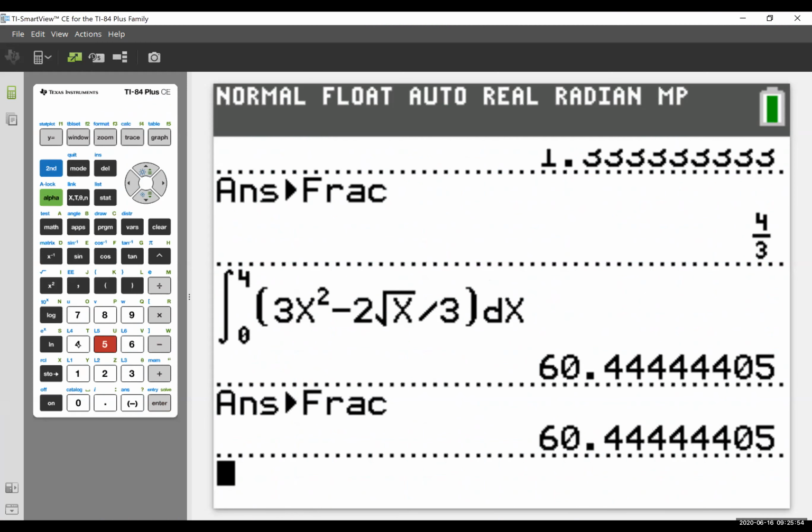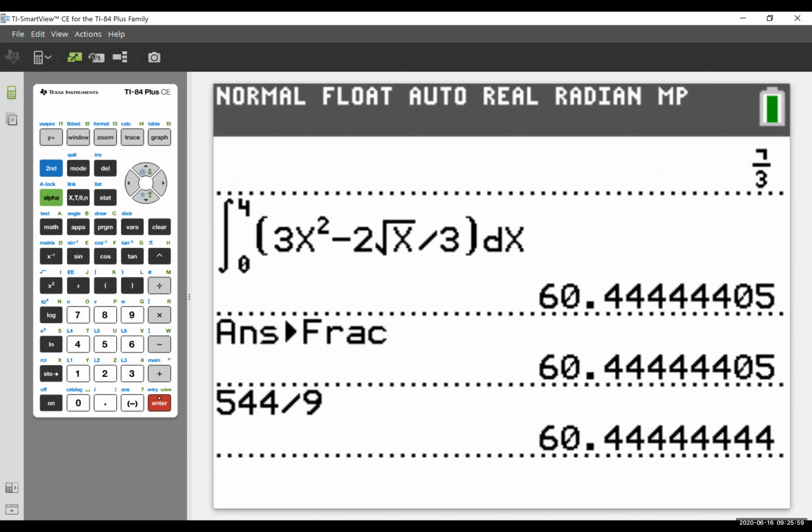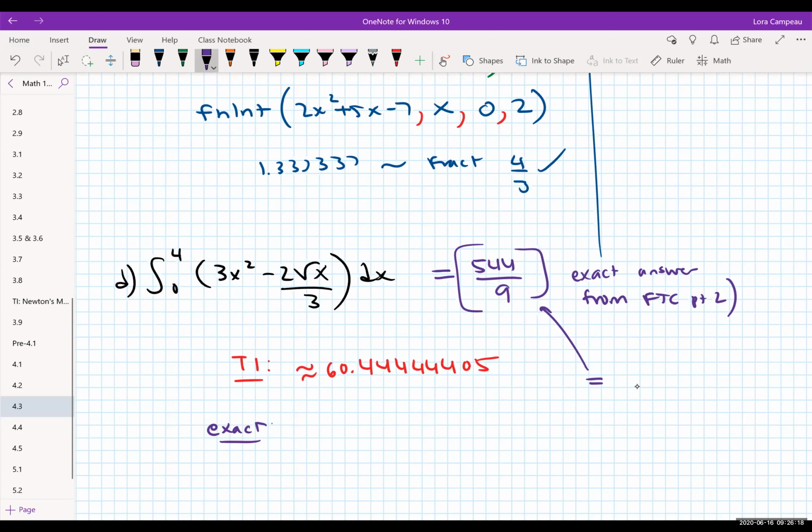If I say 544 divided by 9, we can see we're pretty close. Not quite. So we're pretty accurate to about 6 decimal places. I'll show you so that you can notate it in your notes. Our exact 544/9 equals 60 point 444444444, 1, 2, 3, 4, 5, 6, and then there were a couple of extra 4s.